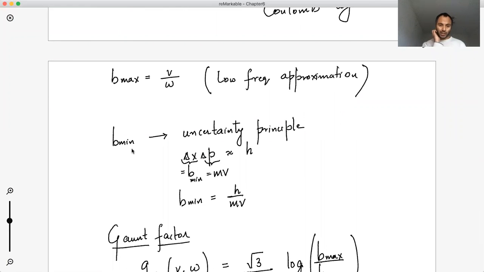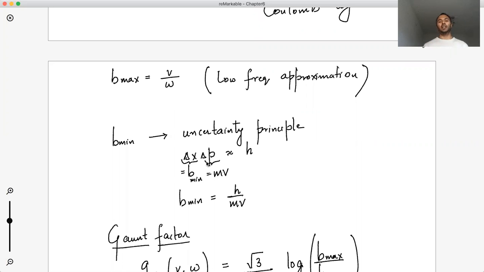Well, there are a few ways to specify b min. One obvious way is to say, well, b min can't be smaller than the uncertainty principle, right? So you have delta x delta p is equal to Planck's constant. The momentum here is mass times the velocity of the electron which is coming in.